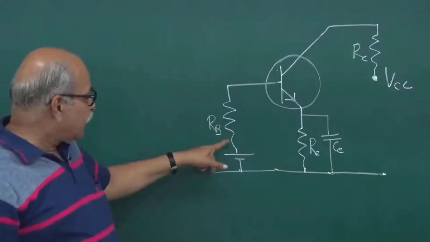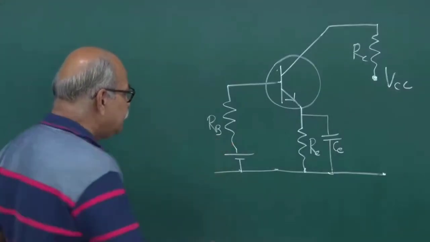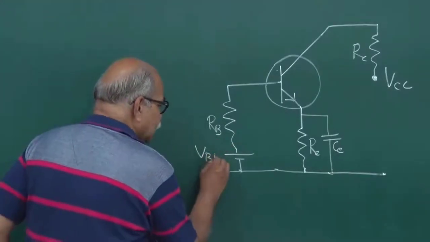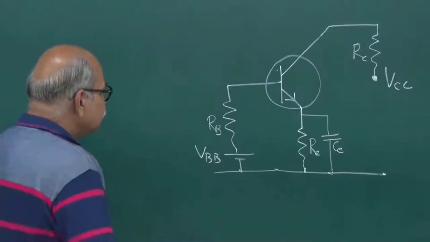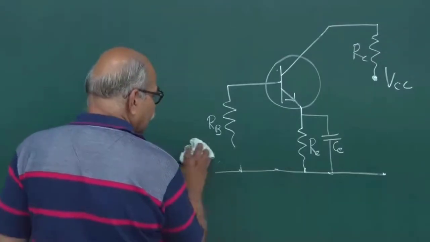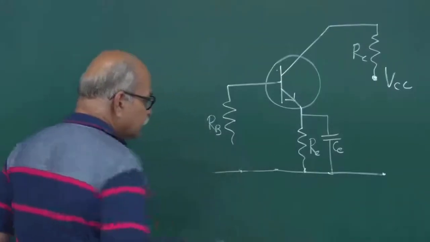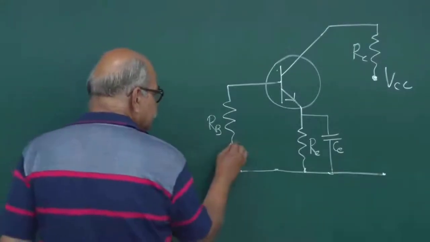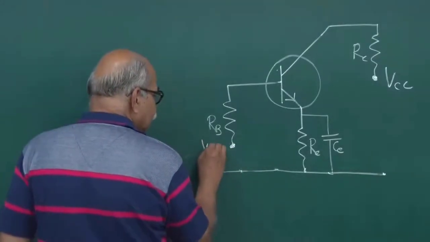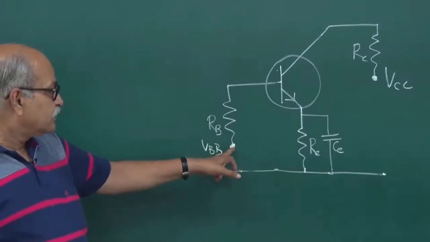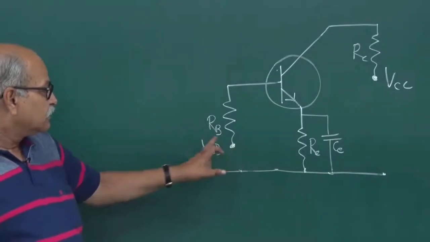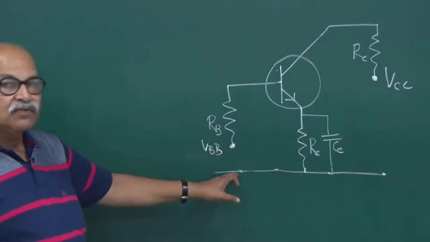This is how you can do many things. For example, this RB here, this is VBB, base. So instead of writing in this fashion, you can just remove it and write that this is VBB. That means we know that there is some battery connected here and it is maintained at this potential with respect to this ground.